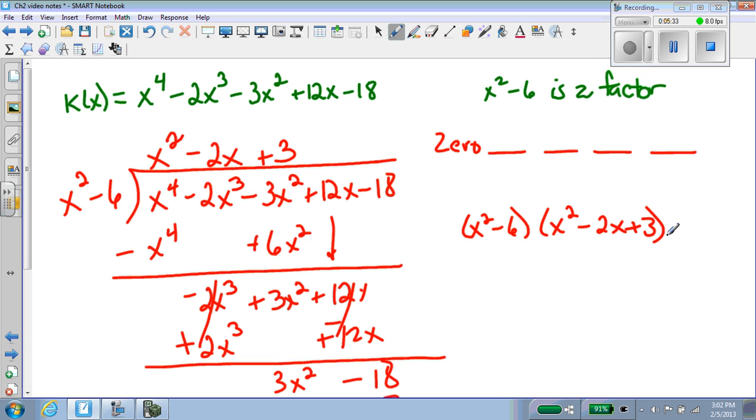So if you're really quick on your feet, this would be x plus the square root of 6 and x minus the square root of 6. Because what we learned in this chapter is a difference of two squares, every number is a square. Because if you take the square root of it and square it, it becomes itself.